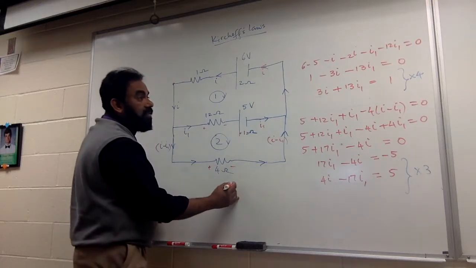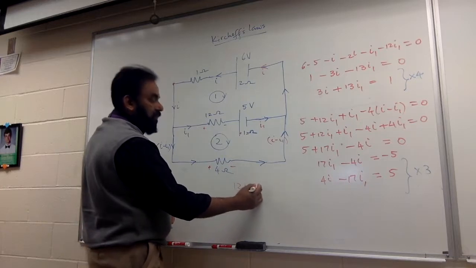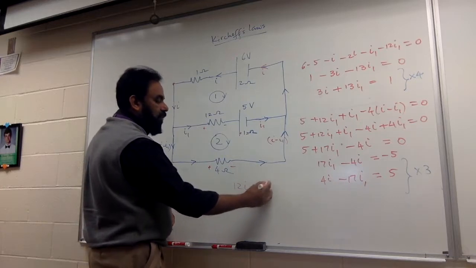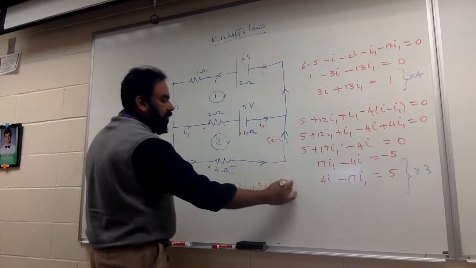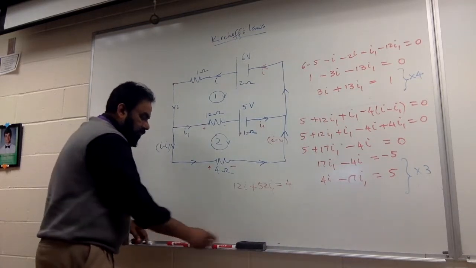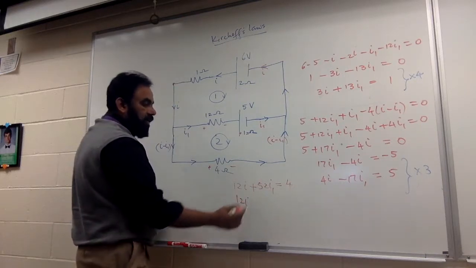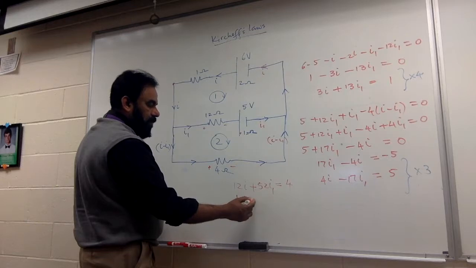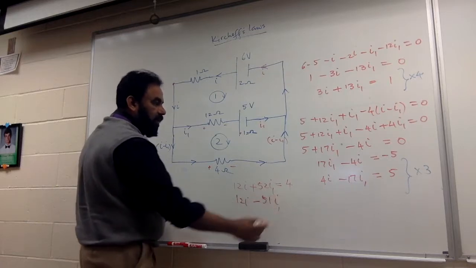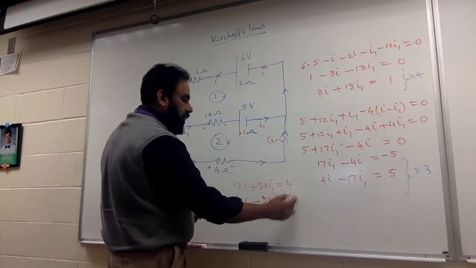The end result is 12I plus 52I1 is equal to 4. That is this equation, and this equation becomes 12I minus 51I1 is equal to 15.